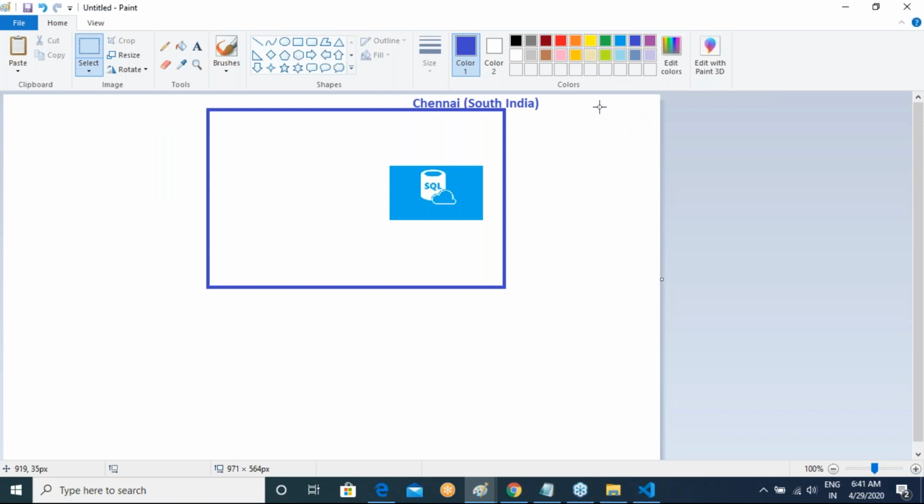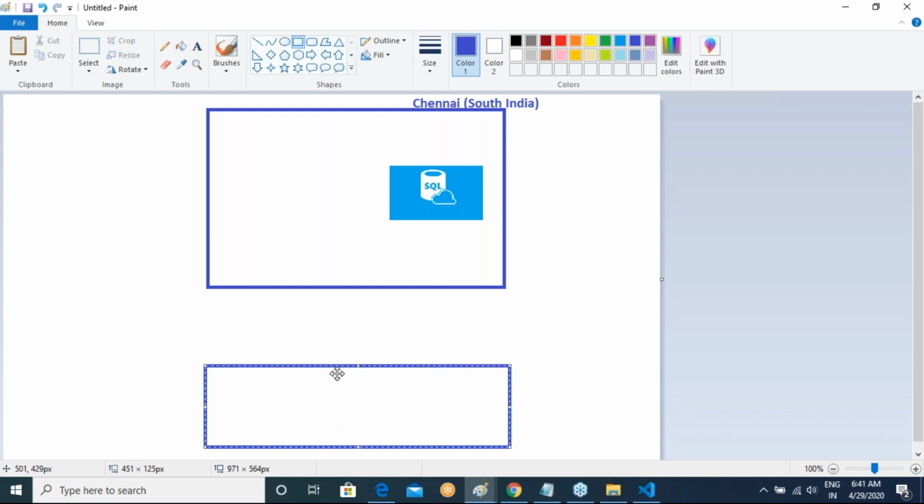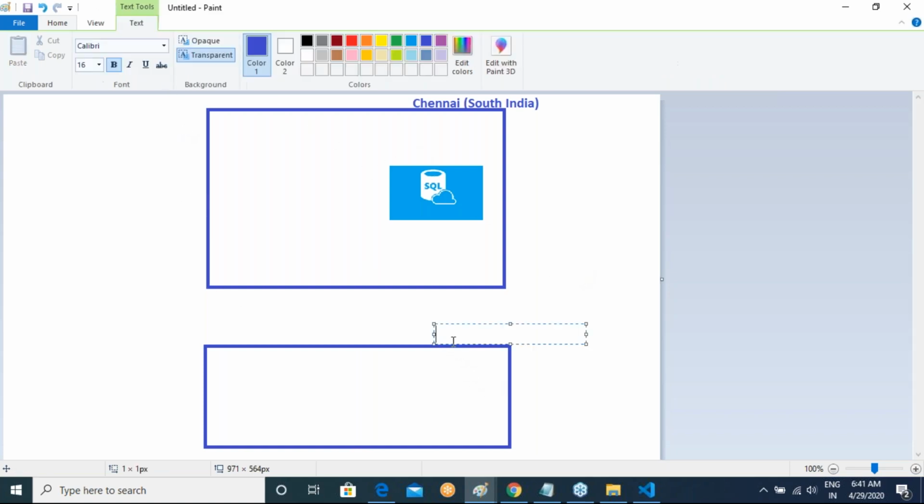And now I want to have the same database in Pune, which they call Central India, the region's name.